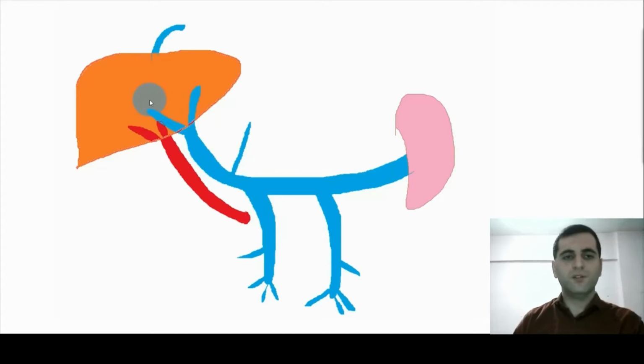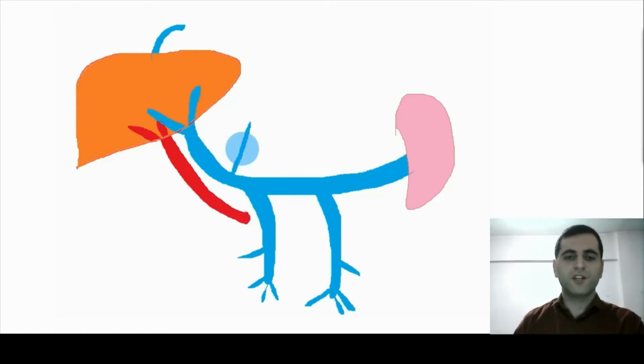And only after the blood is detoxified by the liver, only then can it go into the systemic circulation via the hepatic vein. This is common hepatic artery, which takes its origin from the celiac trunk. As you know, celiac trunk gives rise to three arteries. One of them is common hepatic artery, other two are left gastric artery and splenic artery.